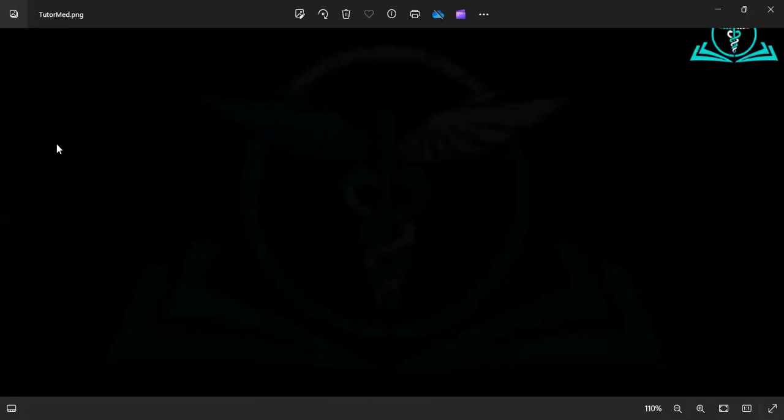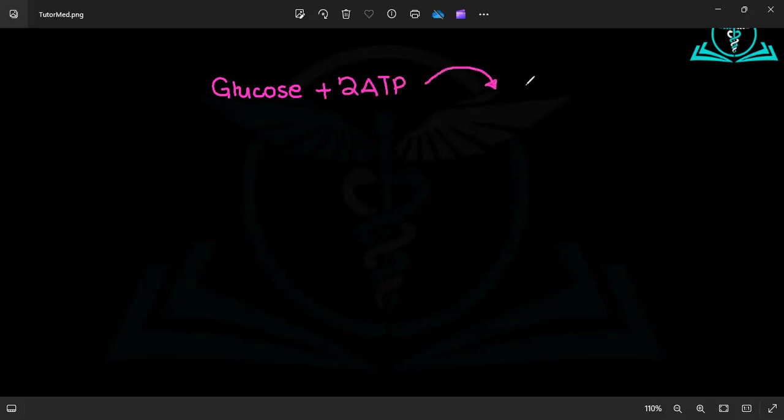The summary is that glycolysis picks up glucose and then uses 2 ATP in the metabolism only to produce the end product, which will be 2 molecules of pyruvate, because remember that each glyceraldehyde 3-phosphate would go through the steps.